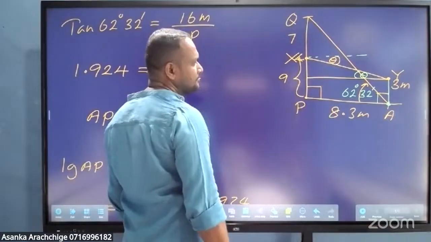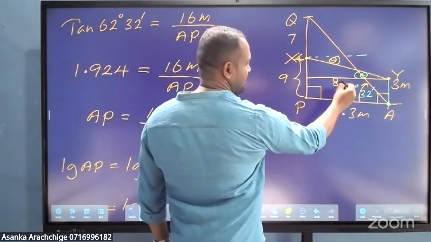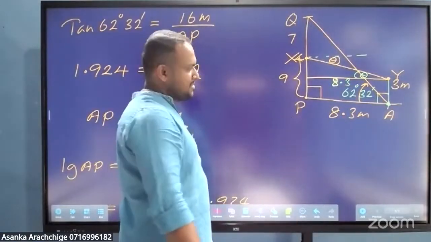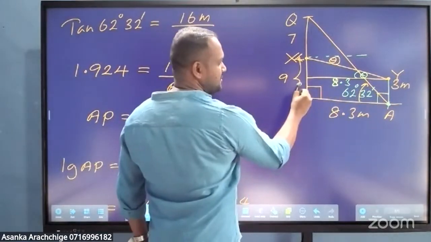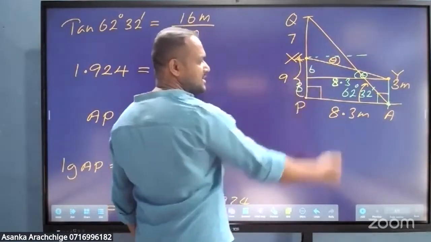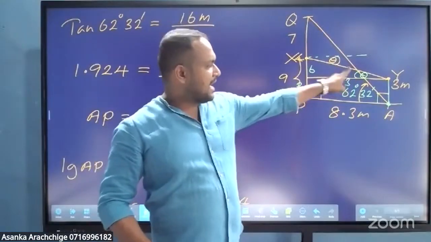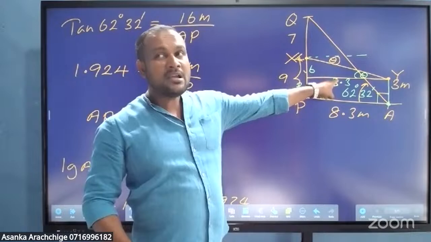And this is 8.3 because this is 8.3 meters, and this is 3 meters, this is 9, therefore this must be 6 meters. Then with respect to this angle, this is 6, opposite, this 8.3 adjacent.